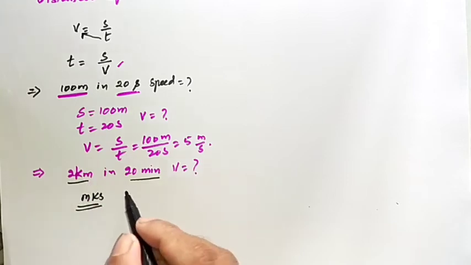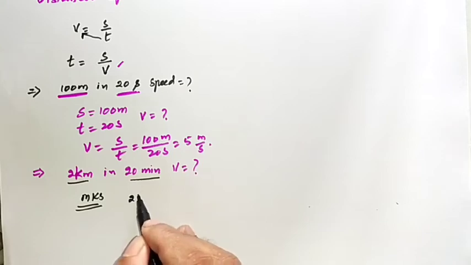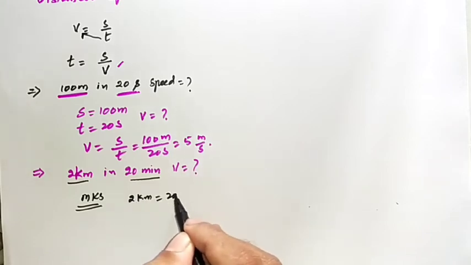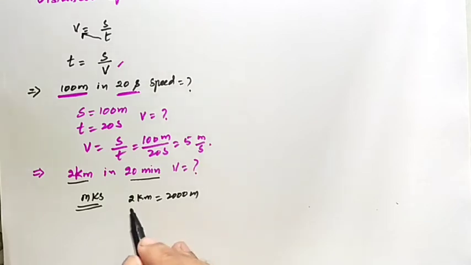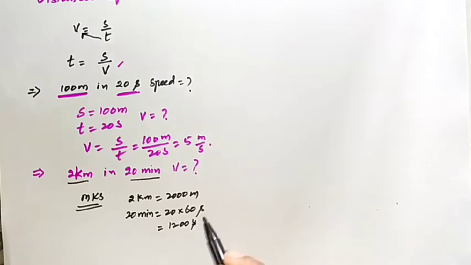We know that 1 kilometer is 1000 meters. So 2 kilometers is how much? 2000 meters. Yes or no? Next, 20 minutes. We need to convert into seconds. That is 20 into 1 minute is 60 seconds, so that is 1200 seconds. Now we have the values in the MKS system. Now you apply speed is equal to distance by time. After converting, only then we should substitute the values in the formula.